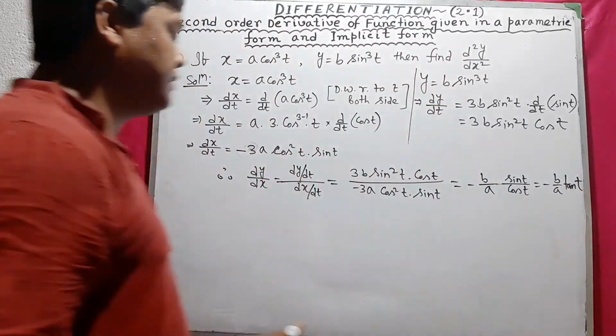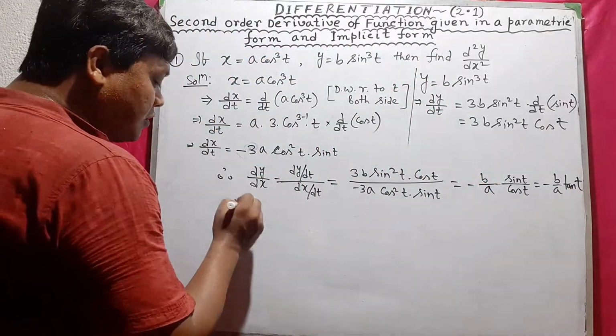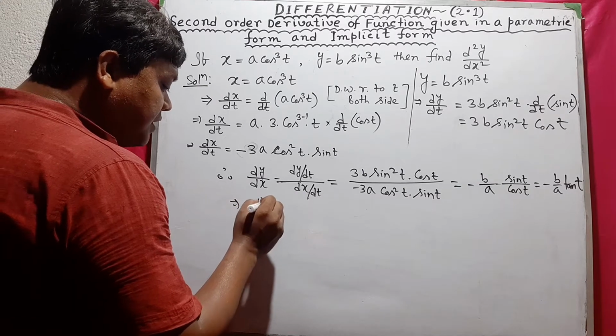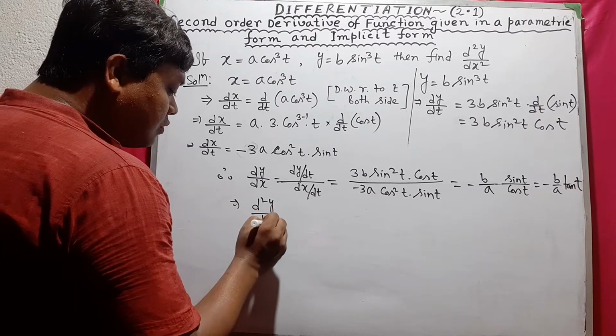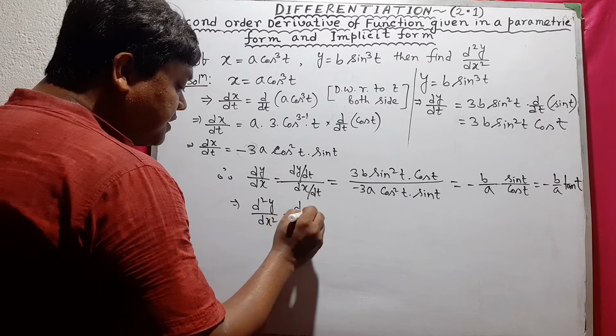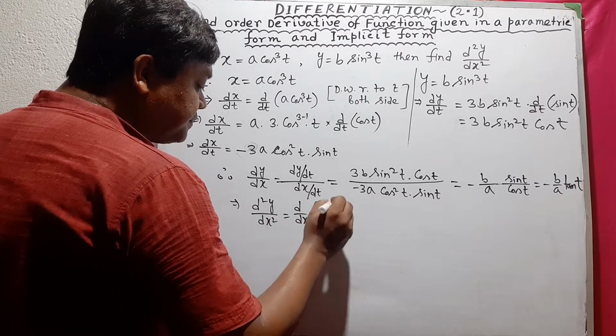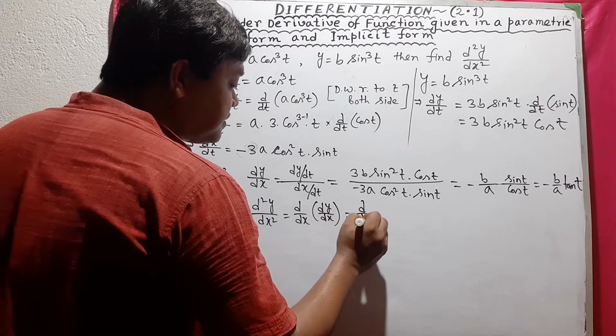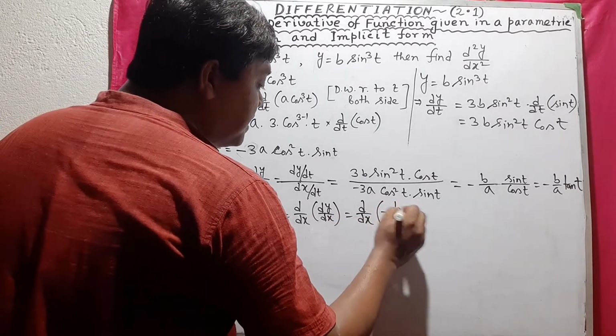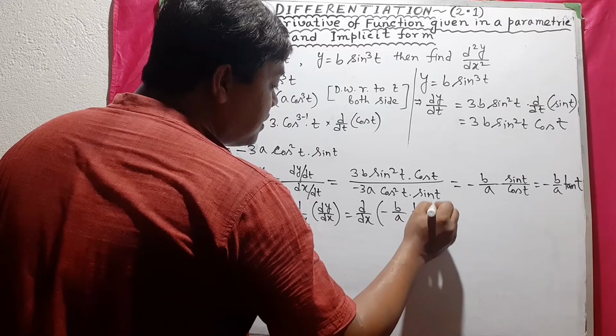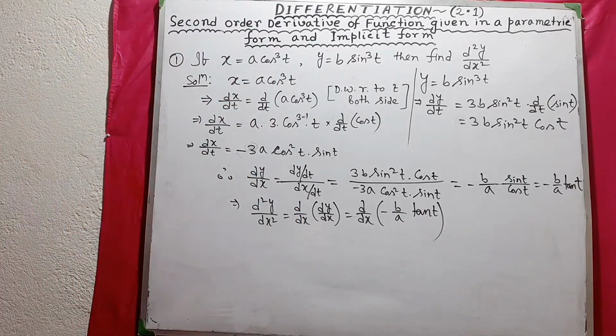Alright, so dy/dx equals that, so d2y/dx2 is d/dx of dy/dx, and d/dx of minus b by a tan t. We have already calculated it.